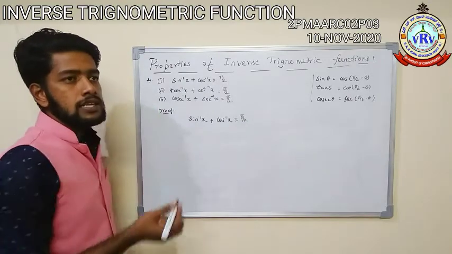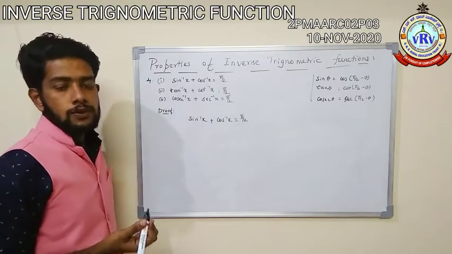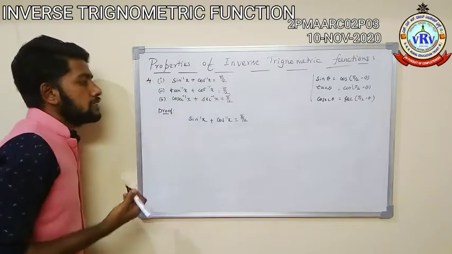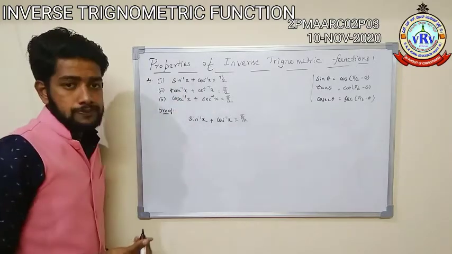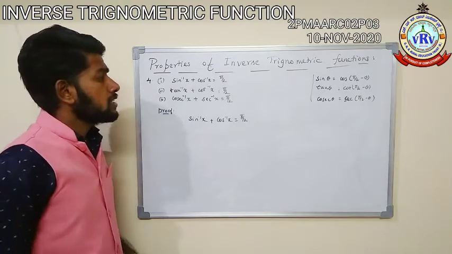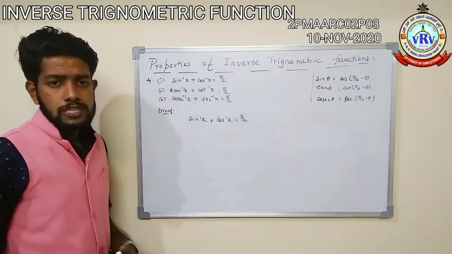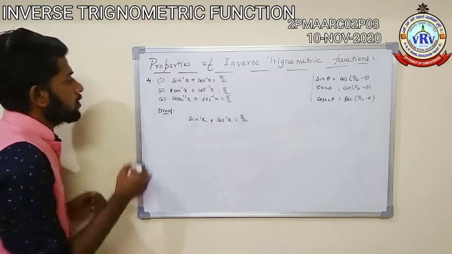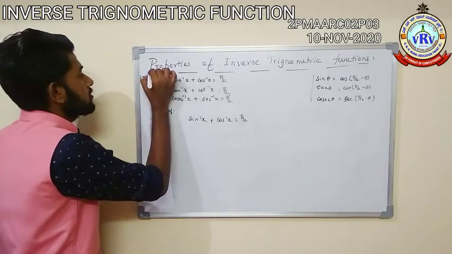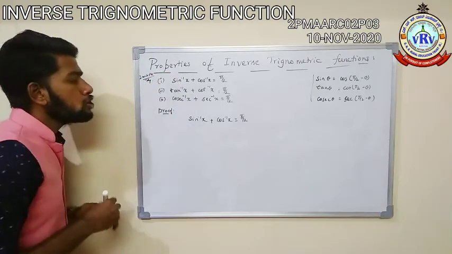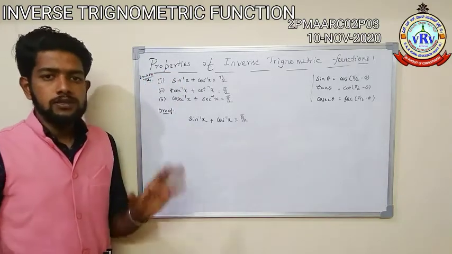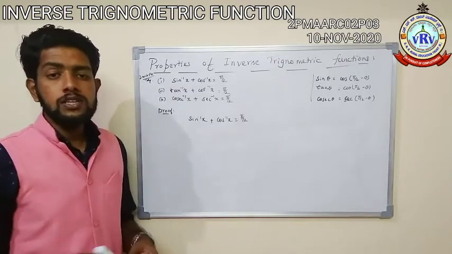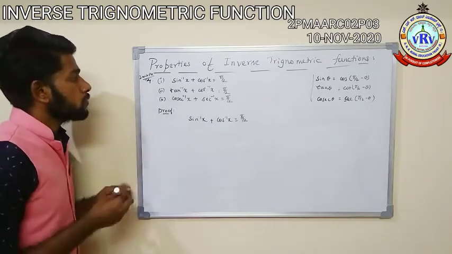In the final examination, we require you to prove one of these three equations or some other property of the inverse trigonometric functions. That is a 2 marks question. Either the fourth property or one to three, out of the four properties you will get at least one property to prove in the final examination.